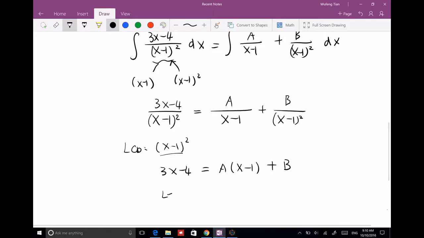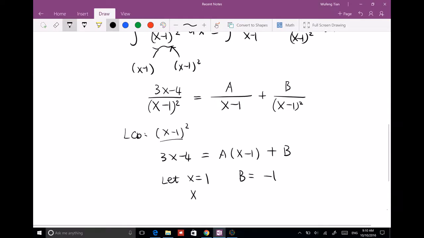Now if I let x equals 1, I can find out B equals negative 1. Then if I let x equals 0, plug in: 0 minus 4 is negative 4 equals A times negative 1, so it's negative A plus B, which is minus 1. So you got A equals positive 3.